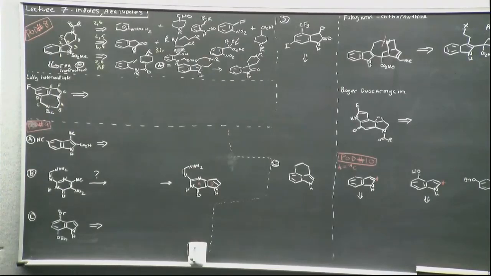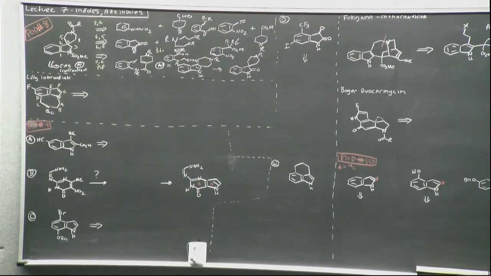Now, we discussed a reaction the other day. Didn't go through exactly how it works, but a reaction that's really good for making C7 substituted indoles. And so when you see a C7 substituted indole, it's often good to think about this type of reaction. But anyway, let's talk about some ideas for a disconnection.